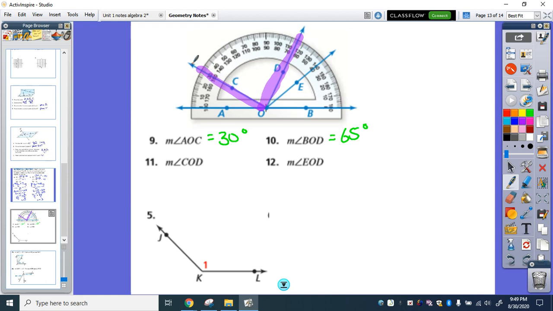This ray that's coming out at C crosses at 30, and the ray on the outside of D crosses at 115. If I were to subtract those two from each other, if I did 115 minus 30, I'd find out that this is an 85-degree angle.